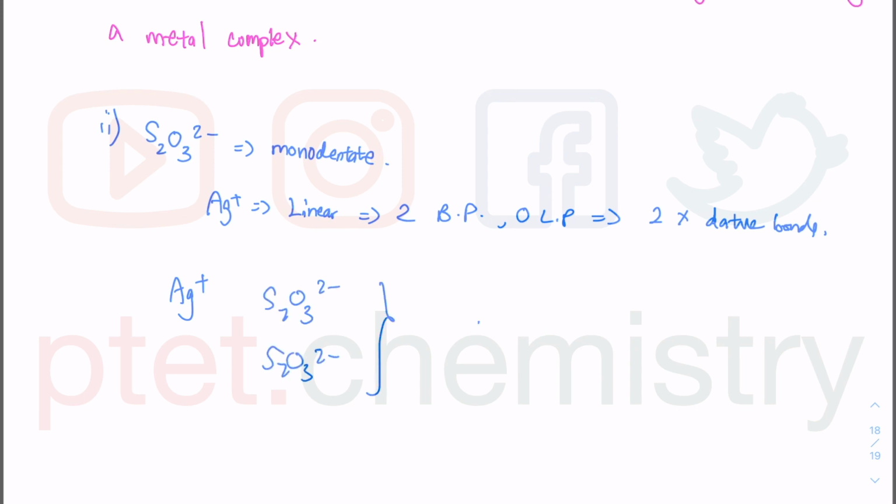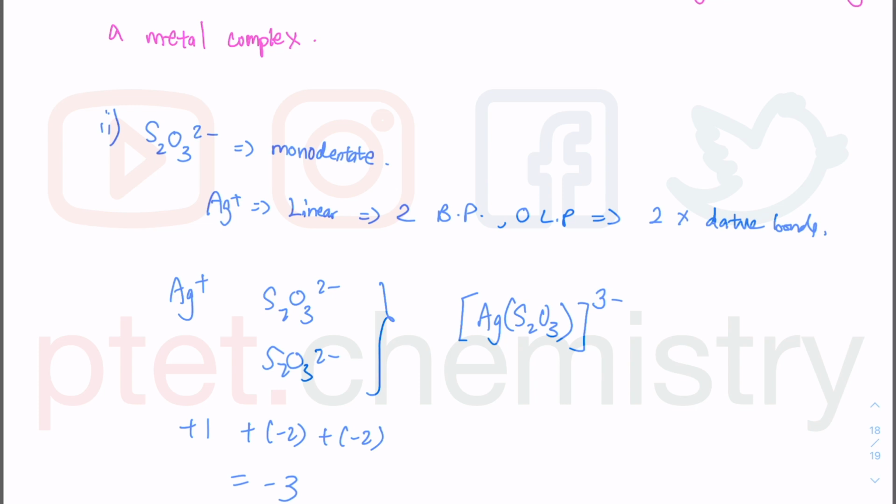How are you going to combine them? You're going to get Ag, S2O3. This is a plus 1, and then you get a minus 2, minus 2. There's going to be your overall charge. Plus 1 minus 4 is going to give you minus 3. So we use a big square bracket to represent the charge on the complex.